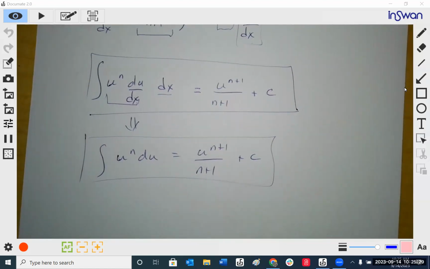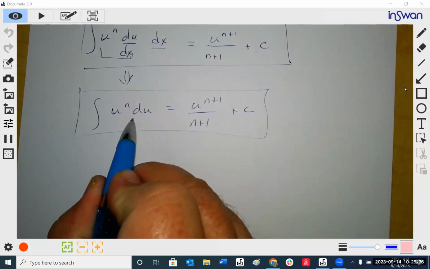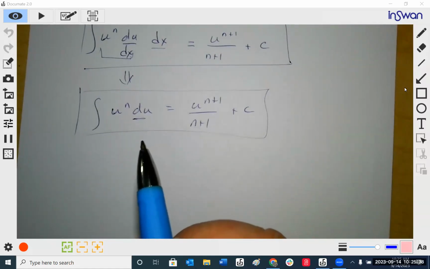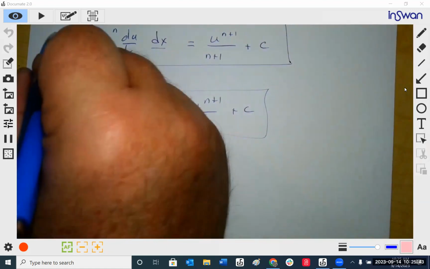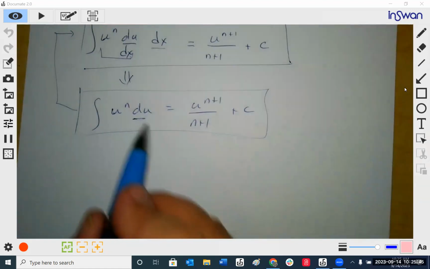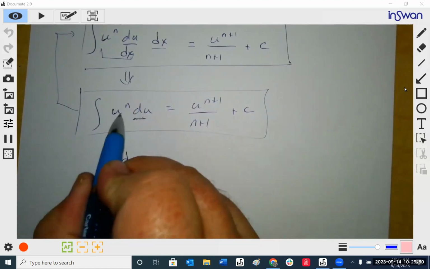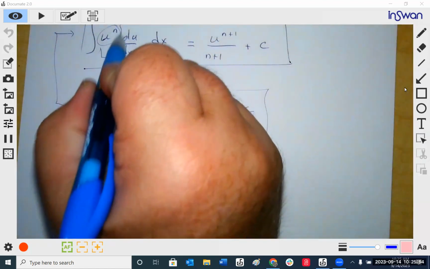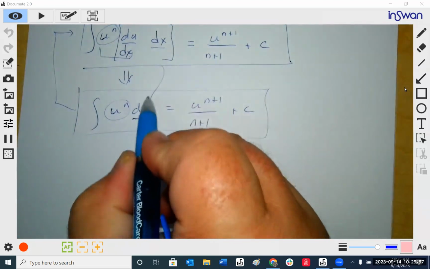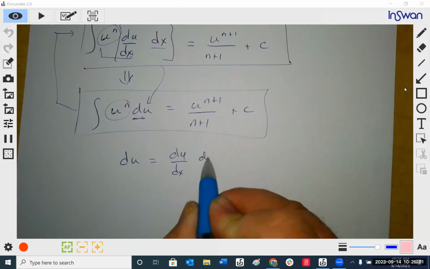So let's look at the first example. What is du equal? Because here's u to the power n, that means anything else behind it has to be du dx.